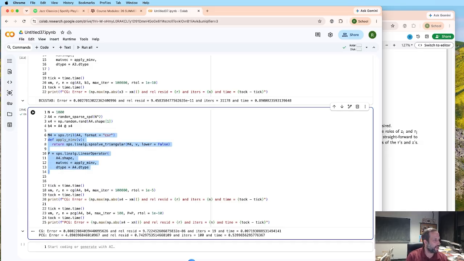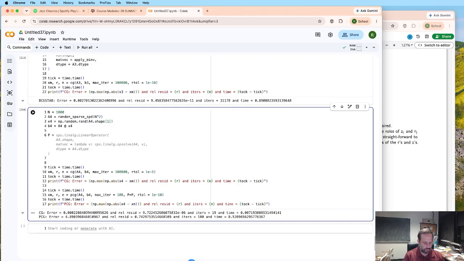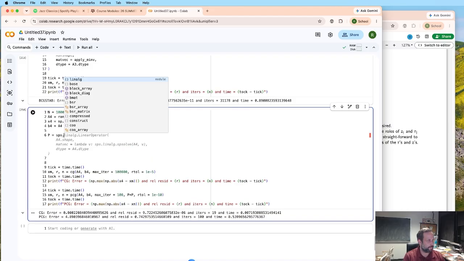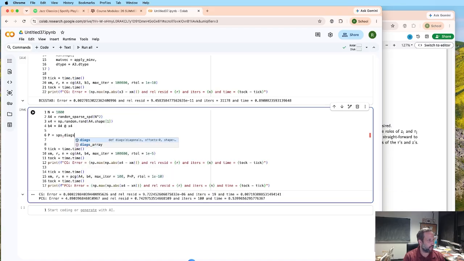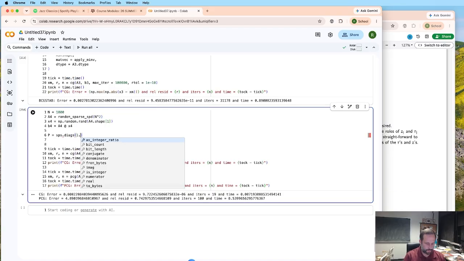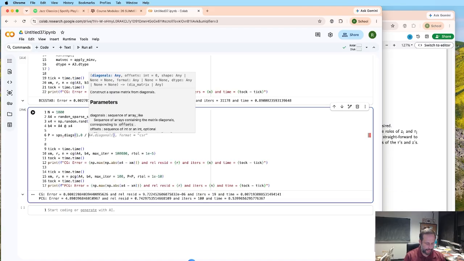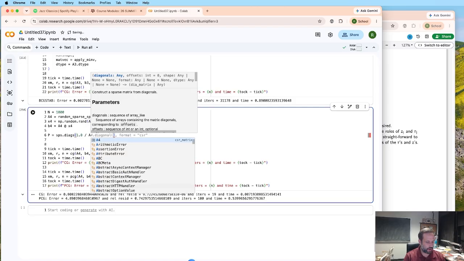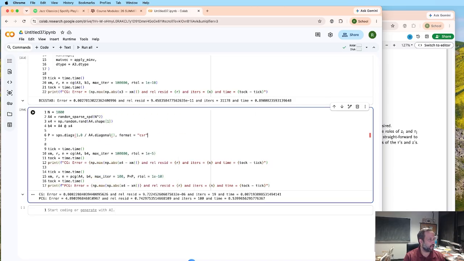We don't need to do this linear operator stuff. We can just say P is going to be equal to SPS dot diags 1.0 divided by A4 dot diagonal, format CSR. Okay, that should work here.